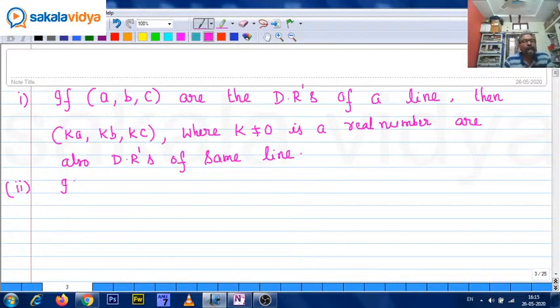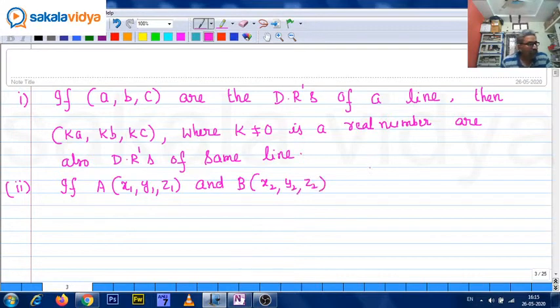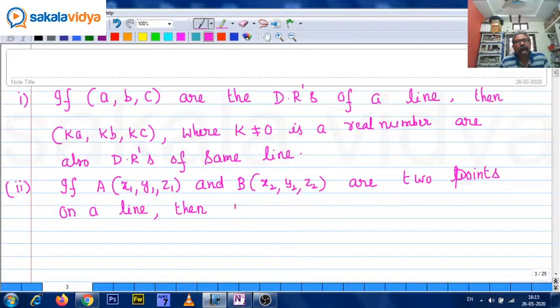Okay, if A of x1 comma y1 comma z1 and B of x2 comma y2 comma z2 are 2 points on a line, then the direction ratios of AB we can write in a very simple manner: x2 minus x1 comma y2 minus y1 comma z2 minus z1.